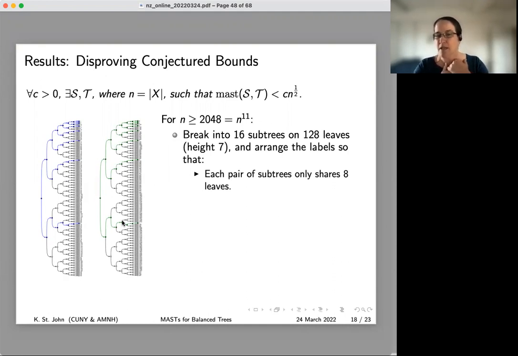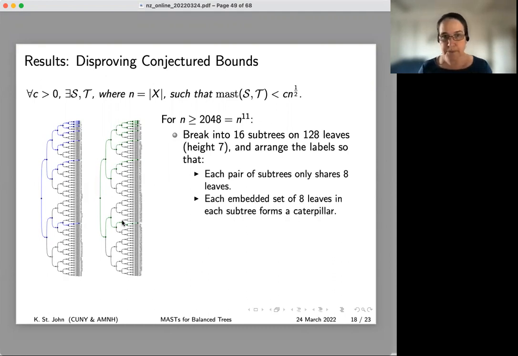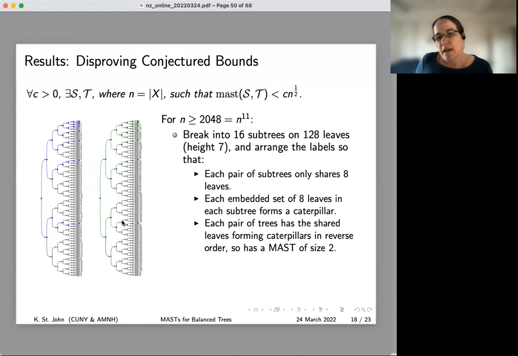Well, that's really good because that means that if I chose to match those two subtrees on my mast, they can't add much to the overall score. And each embedded set of 8 leaves in each subtree is going to form a caterpillar in one way and a caterpillar, what I'll call a reverse caterpillar, in the other. And each pair of trees has the shared leaves.